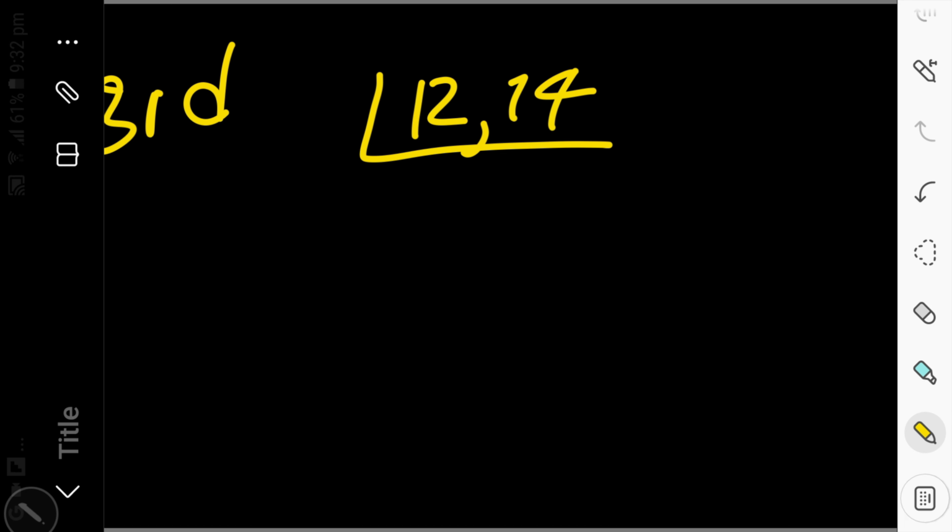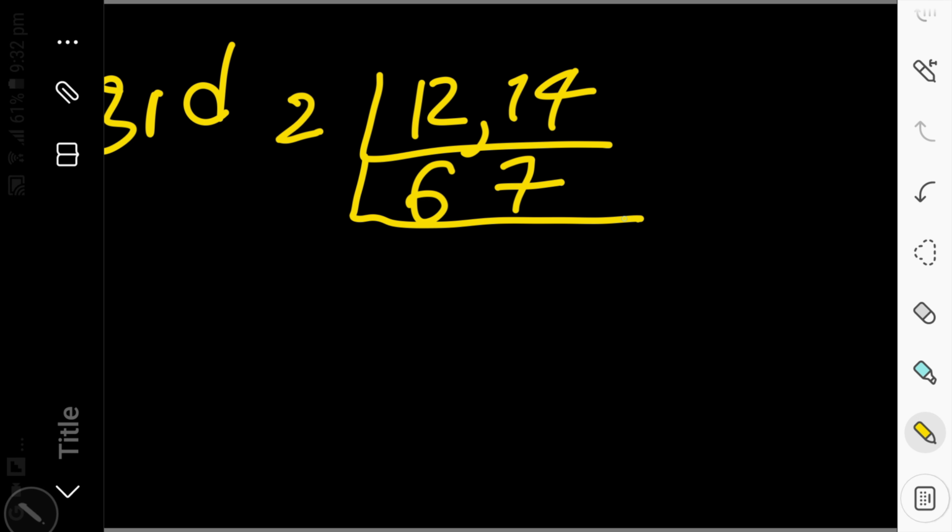So first of all, those two, we divide both of them: 2 6s are 12, 2 7s are 14. Now here we can again divide 6 by 2, so 2 3s are 6. Now we cannot divide 7. What do we do? Most people are confused.